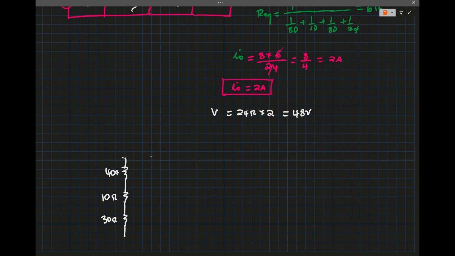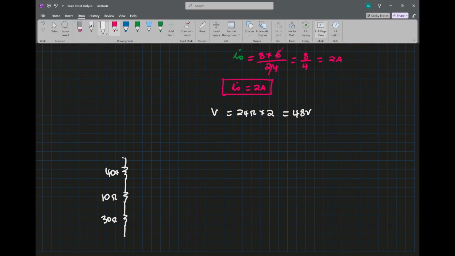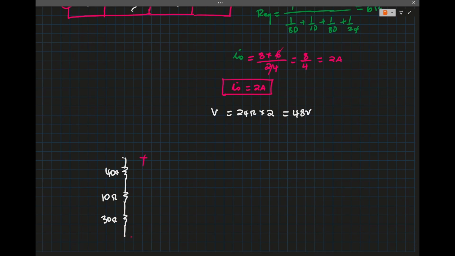And the voltage across the parallel is 48 volt, from here to here, but we want the voltage here, just V0. So when we use the voltage division, V0 is 48 times 30 divided by the equivalent, which is 80. Okay, so that should give me 18 volt.